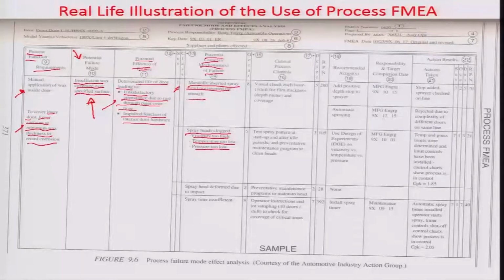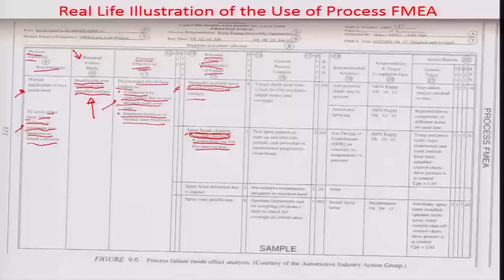So the clogged spray heads may occur due to various reasons. For example, if the viscosity sometimes is too high, that may create such clogging. Even when we are applying the wax on the line, there may be an overall low temperature at which this applicator is working. So that could be one of the reasons again for clogging.